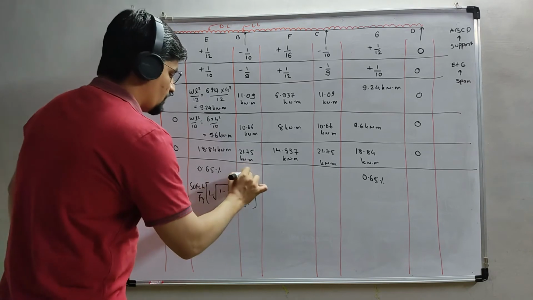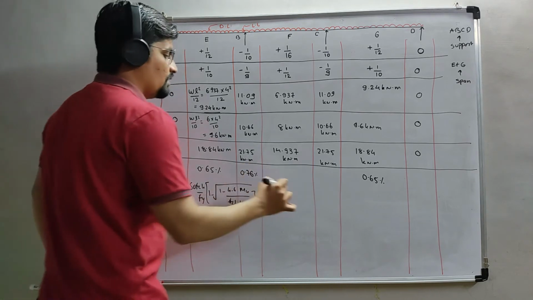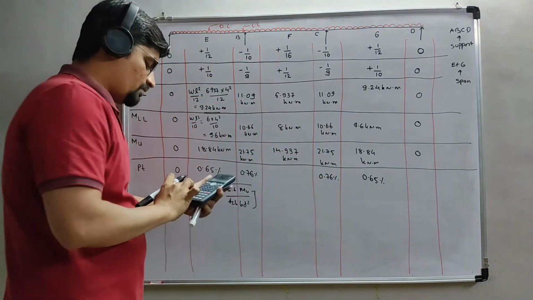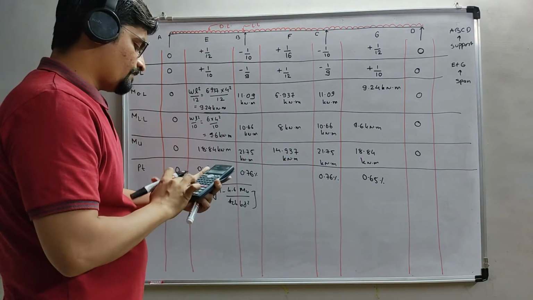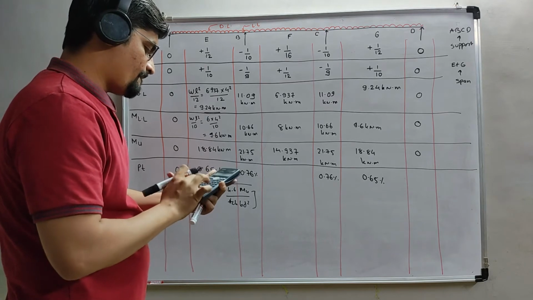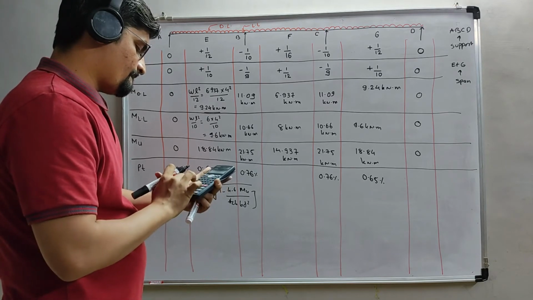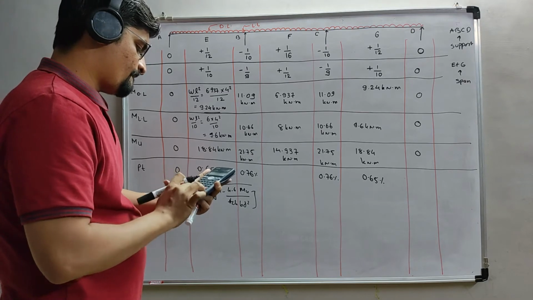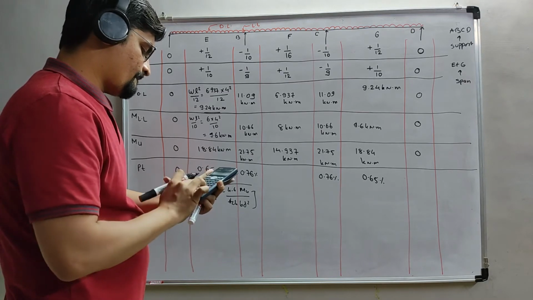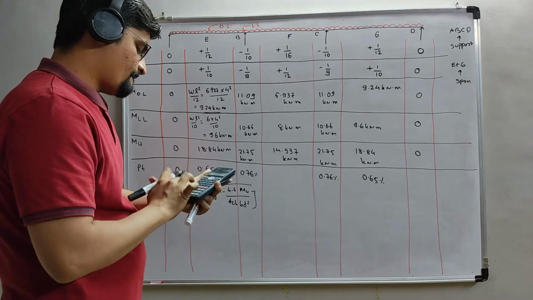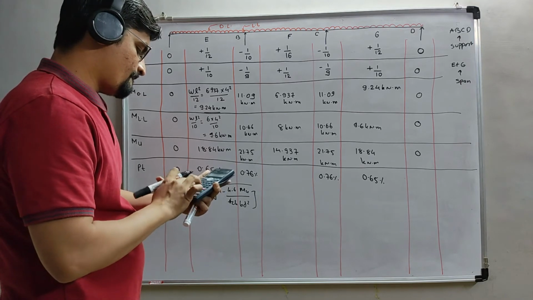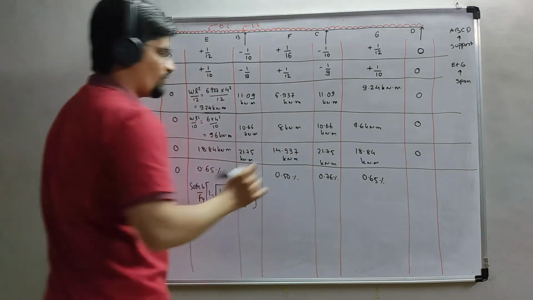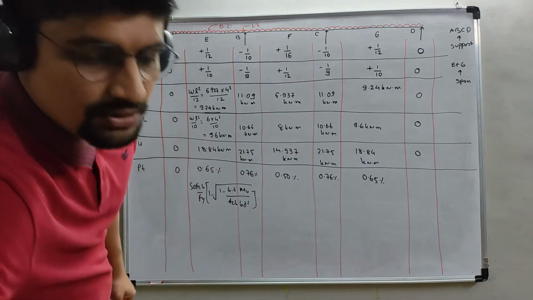So the answer will be 0.76 percent. Here also it will be 0.76 percent. The last one is 0.50. Okay, so we have calculated all the percentages of steel.